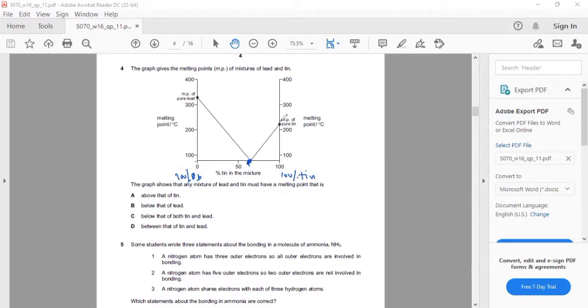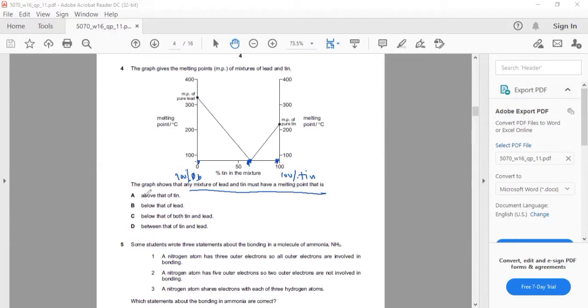It means this is the melting point of tin and this is the melting point of lead. The question is about the melting point of any mixture of lead and tin.